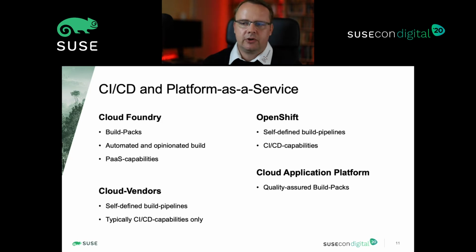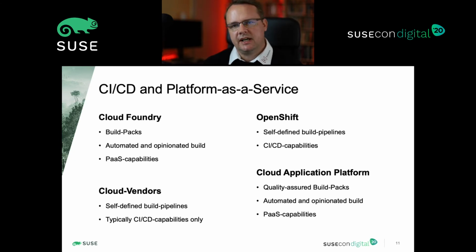So you have your quality-assured buildpacks with SUSE Cloud Application Platform. So it's basically community buildpacks and buildpacks that were looked upon by SUSE engineers. You have those automated or opinionated build capabilities, and obviously you have those platform as a service capabilities.